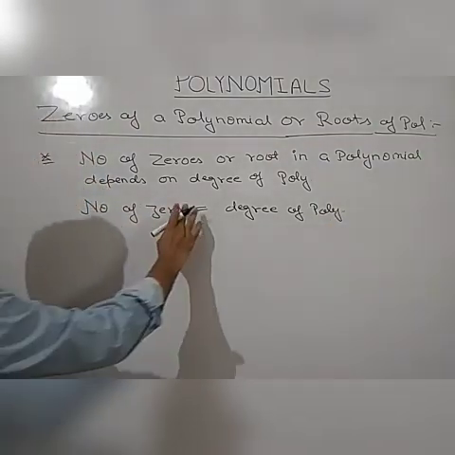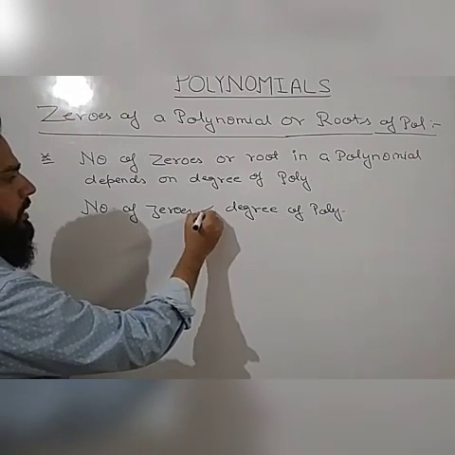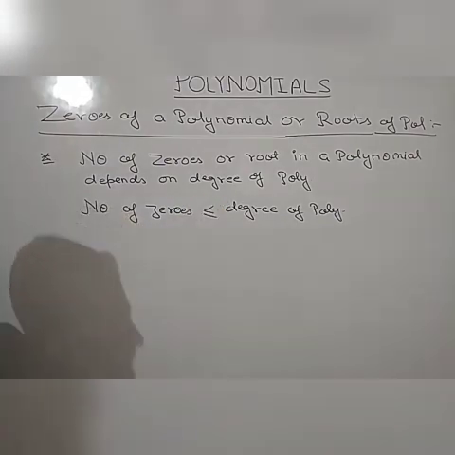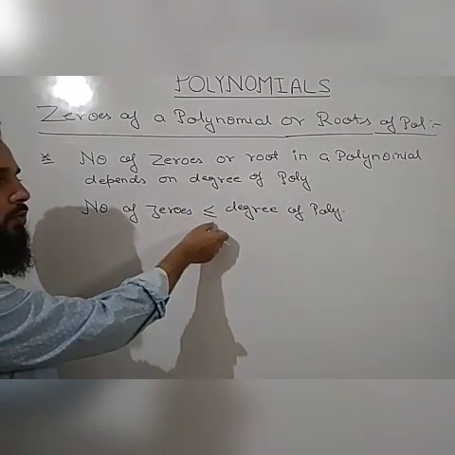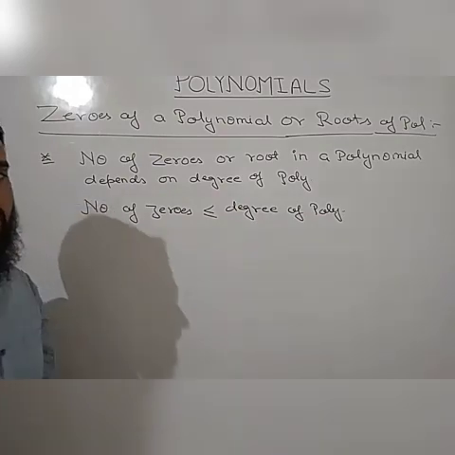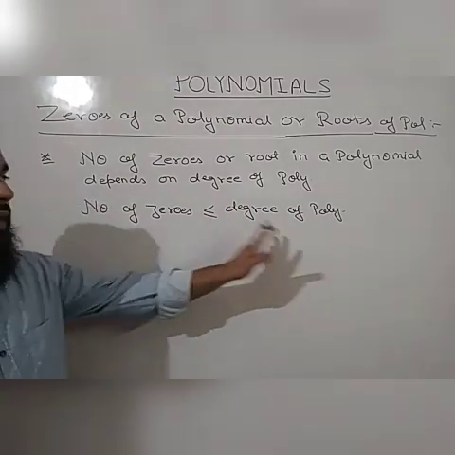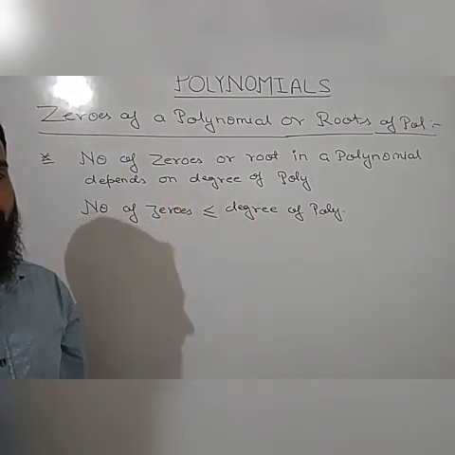Or we can say the number of zeros is less than or equal to the degree of the polynomial. In any polynomial, the number of zeros can never be greater than the degree of the polynomial. It will always be equal to the degree or maybe less than the degree, but can never be greater.